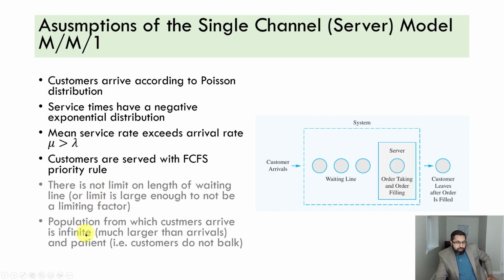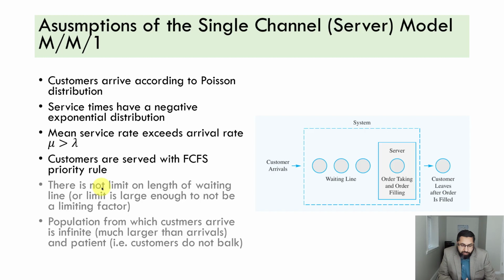Then we have two other assumptions, which are generally satisfied in practice, so we don't have to worry about them too much. One is that there's no limit on the length of the waiting line. The waiting line can be 5, 10, 15 people; we're not going to run out of space. If you do run out of space and no new customer can arrive, then that can, on the margins, affect the statistics.